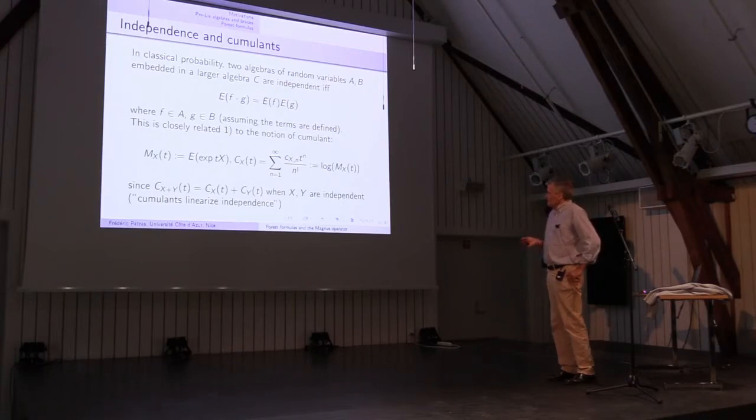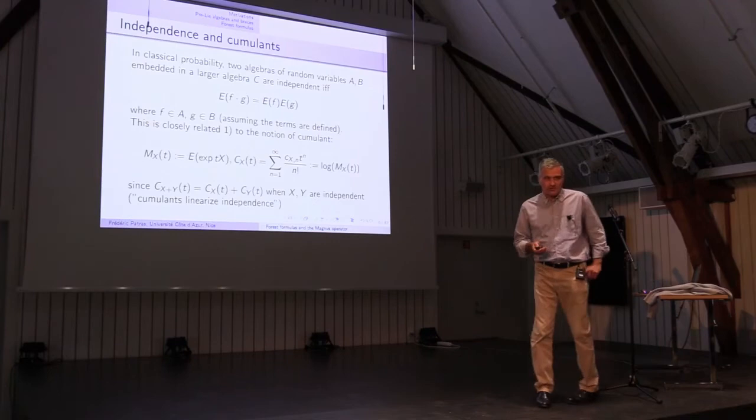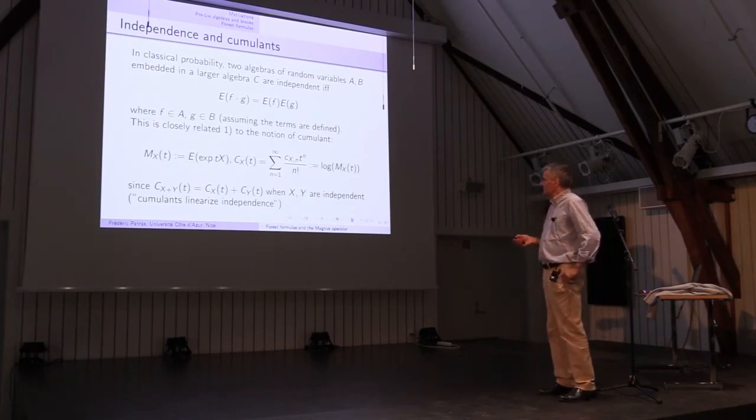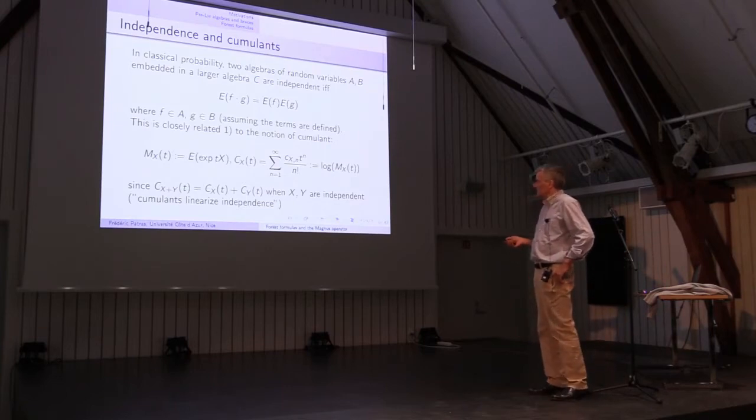So the point I want to insist on is the notion of cumulant, namely, and this is not always well known, a good way to encode the independence of random variables is by means of cumulants. Cumulants are defined that way. If you look at the exponential generating series of moments, so the expectation value of the powers of a random variable, the exponential generating series of cumulants is defined as the logarithm of the exponential generating series of moments.